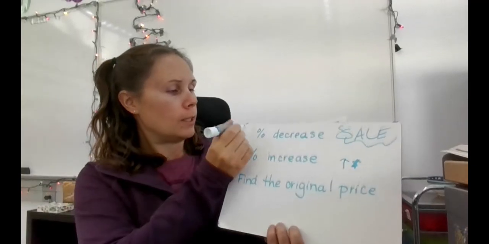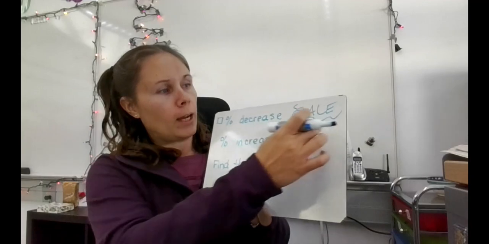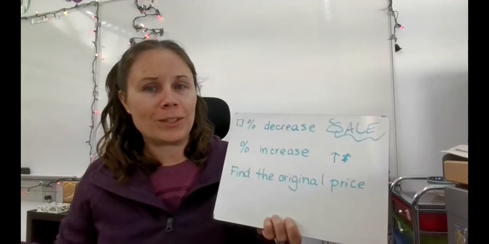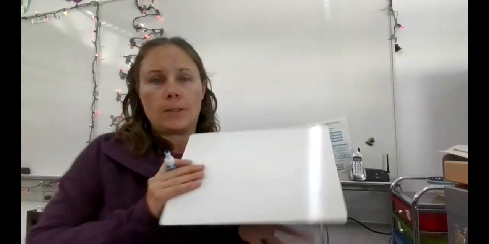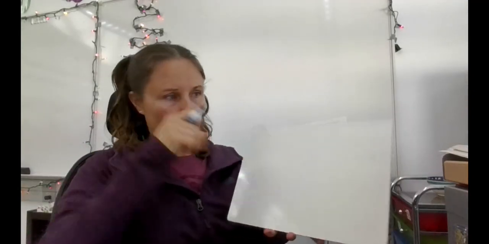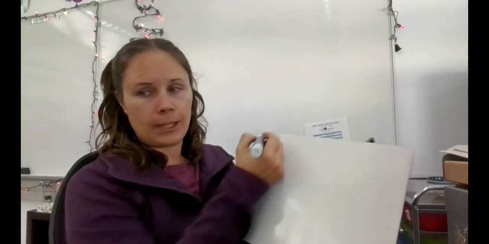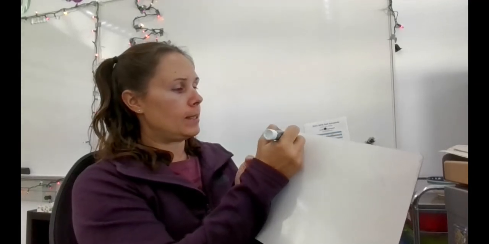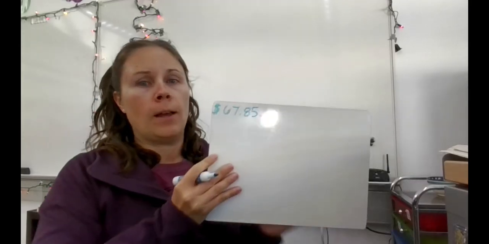So let's take a look first at this percent decrease. Items are on sale for a certain percent off, and we want to know what the sale price is going to be. Let's say you go shoe shopping and you find some shoes that you really like, and the price is $67.85, and your mom says, "That's too much.